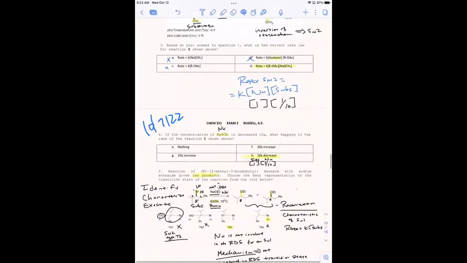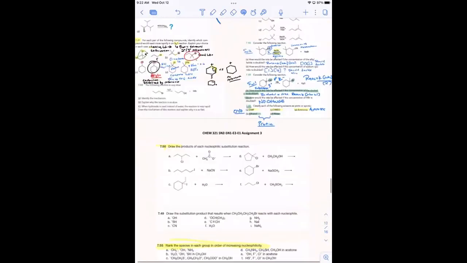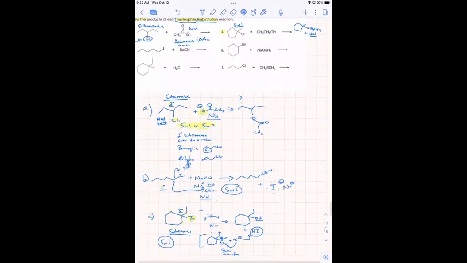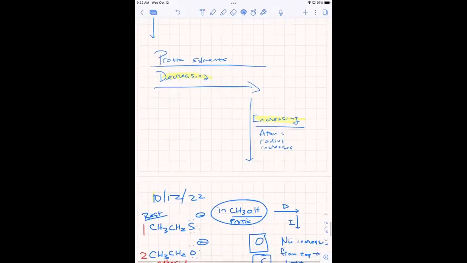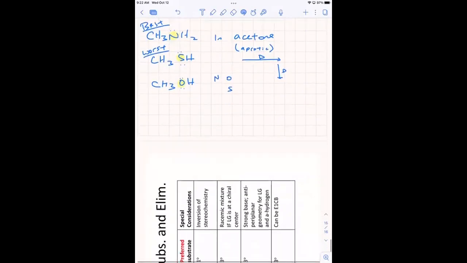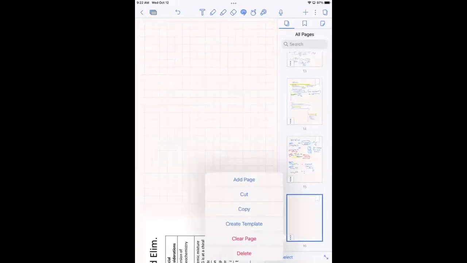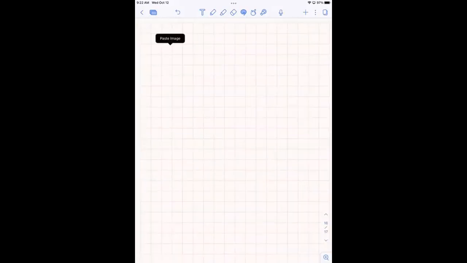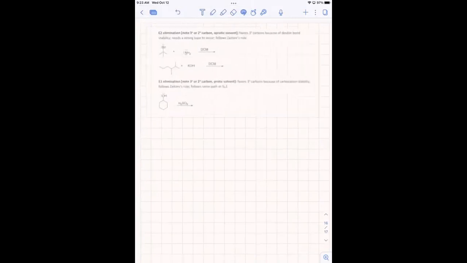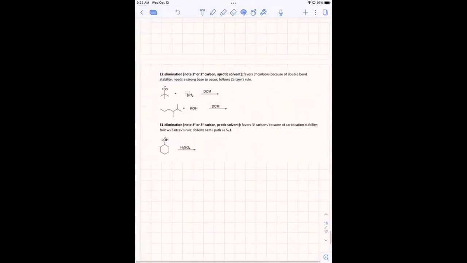We're going to talk about the rate law. It's not going to take as much time, simply because the E2 and the SN2 have very similar characteristics. For E2, we're going to take this example.